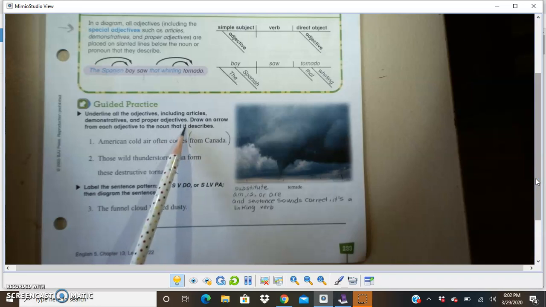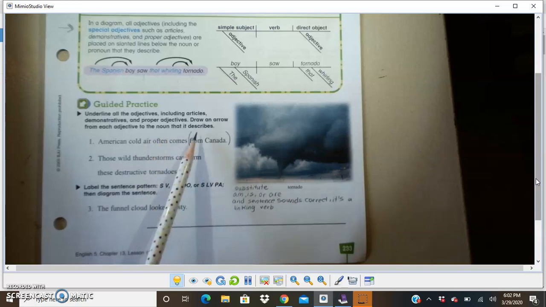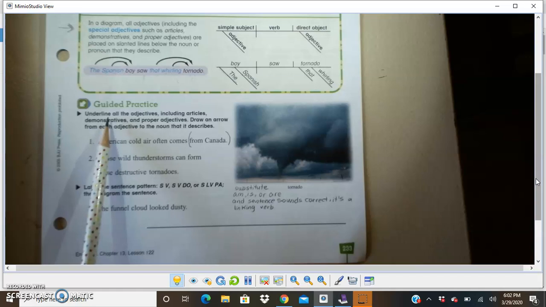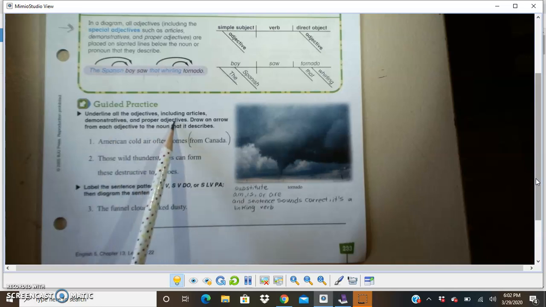It did not tell us to mark the prepositional phrases, but marking your prepositional phrases is always a good thing to do because it takes these two words out of the equation and you don't even have to really think about them.